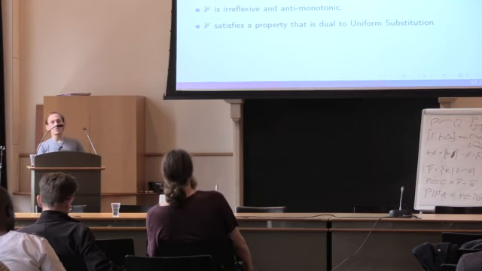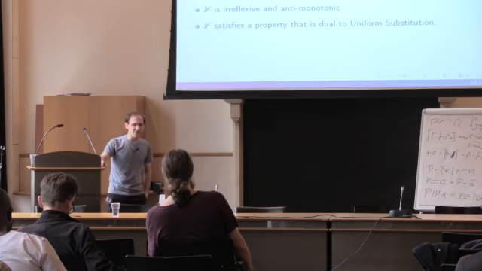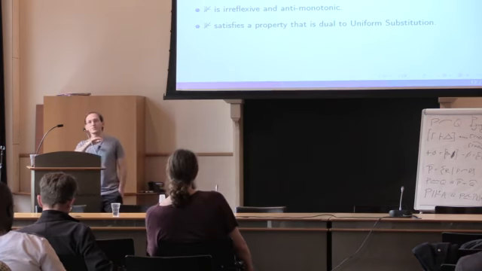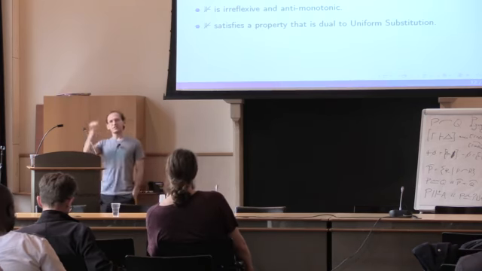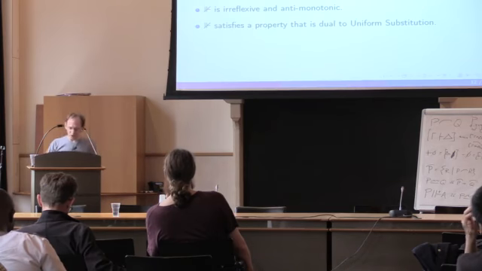But even if we worry about it, it's interesting to know that the notion of invalidity has a kind of dual property to uniform substitution, which is basically this. If you take some invalid argument and replace complex statements by atomic statements, provided that that's an instance of uniform substitution, the resulting argument will still be invalid. So, okay, we also have this kind of dual to uniform substitution, which I think is cool, at least.